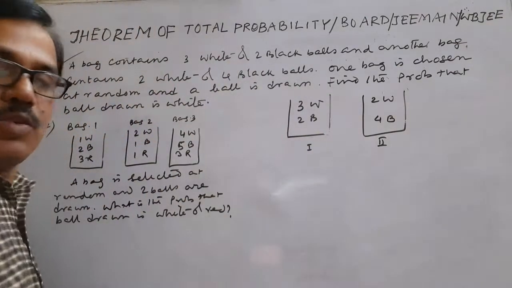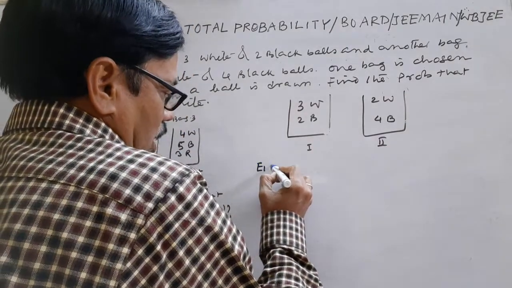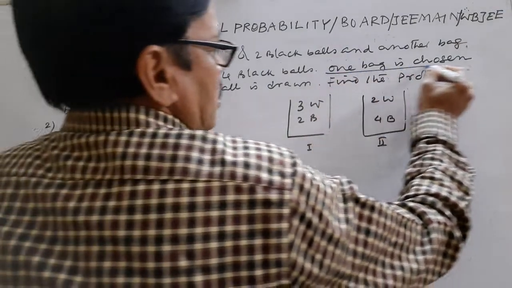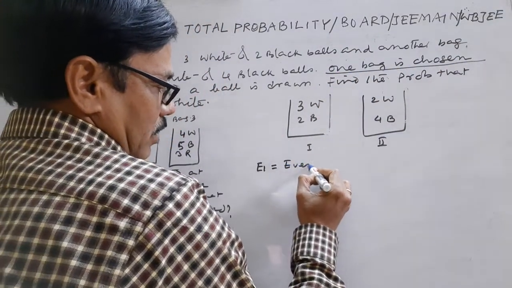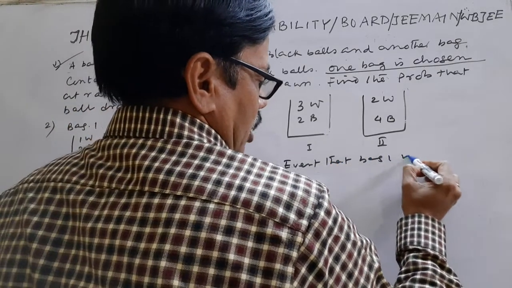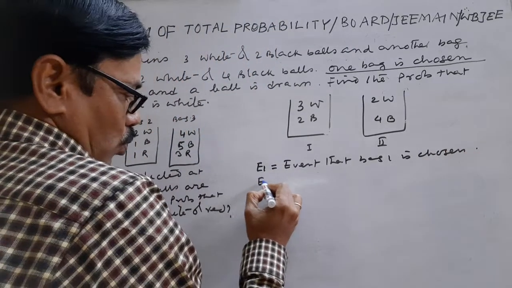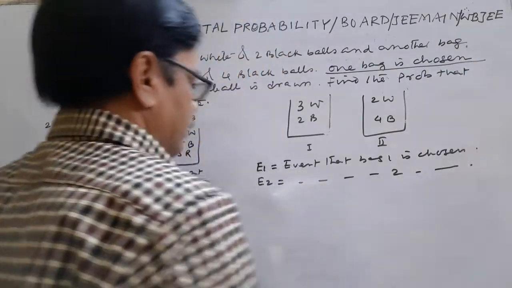So there are 2 bags, so you have to define 2 events. E1: the event that bag 1 is chosen. E2: the event that bag 2 is chosen.